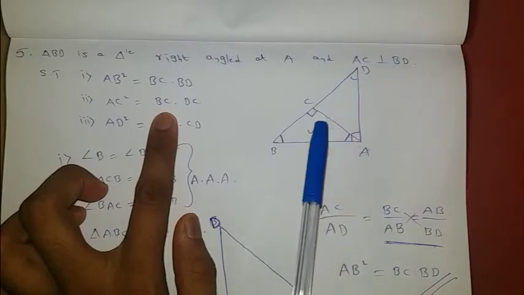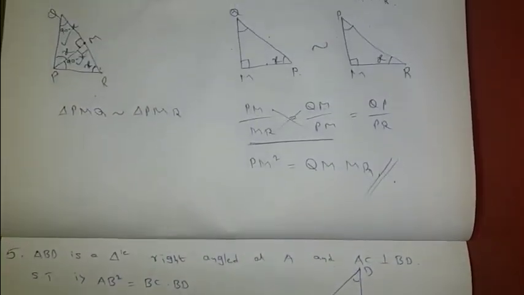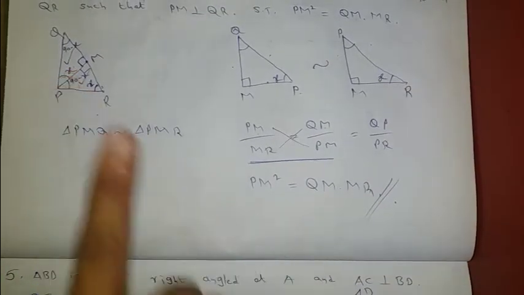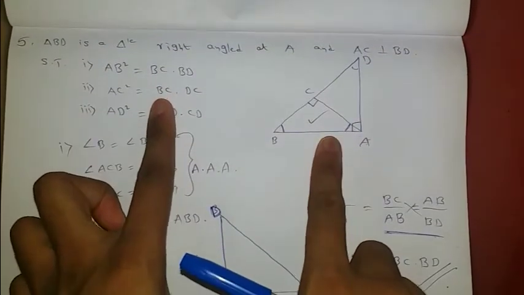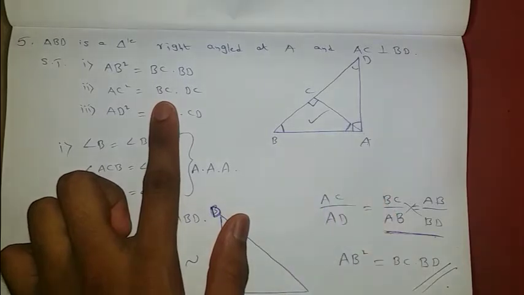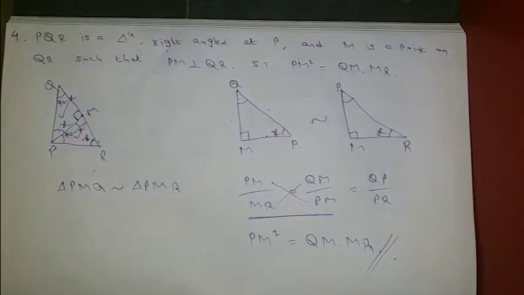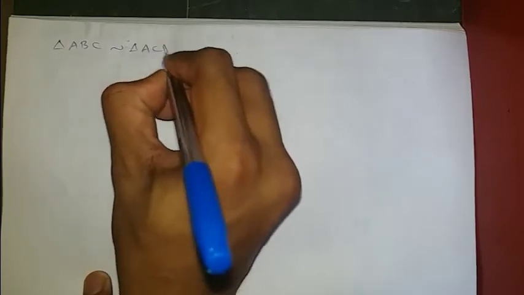We need to show first that this lower triangle is similar to the upper triangle. As usual, the same process we used in the previous problem needs to be done here also, by showing that this smaller triangle is similar to the upper triangle. So that is triangle ABC is similar to triangle ACD.